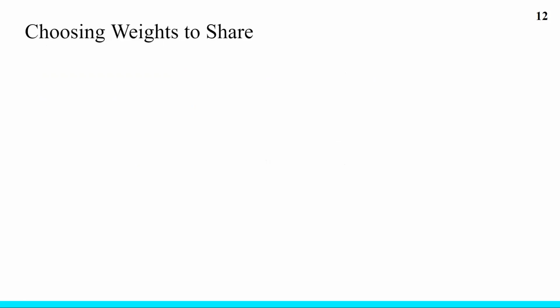That leads naturally to the question: we want to share some subset of the weights, but how do we choose which ones to share and which ones to omit?